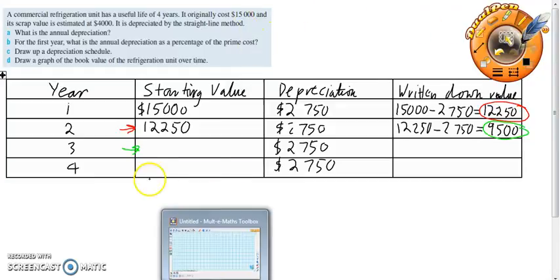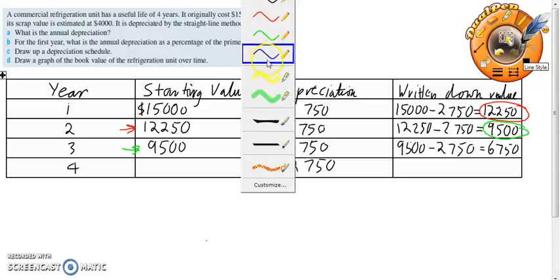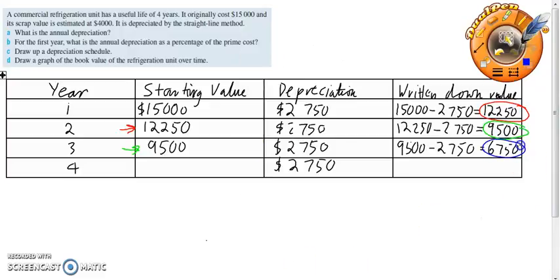And we keep going with filling in the table. So the starting value is 9,500 in year 3. We come to the end, we take off the amount again, and we get to 6,750. And same procedure again. Whatever we ended with is what we start the next year with.